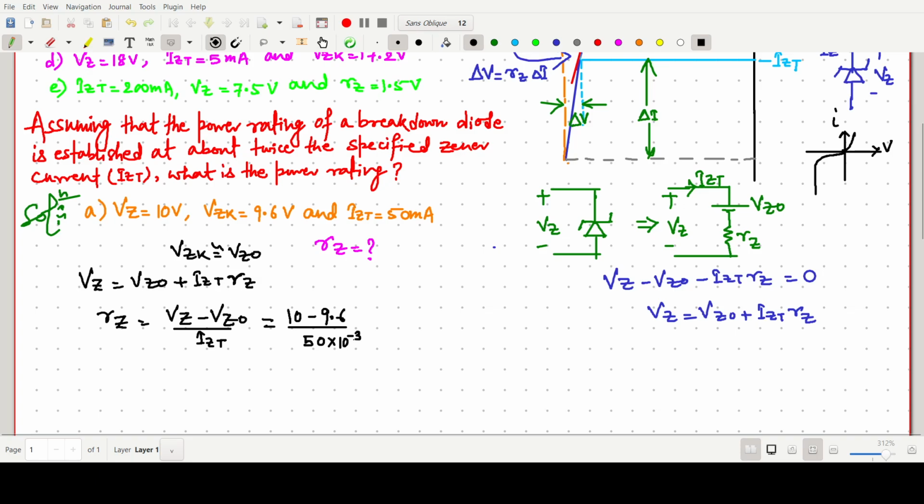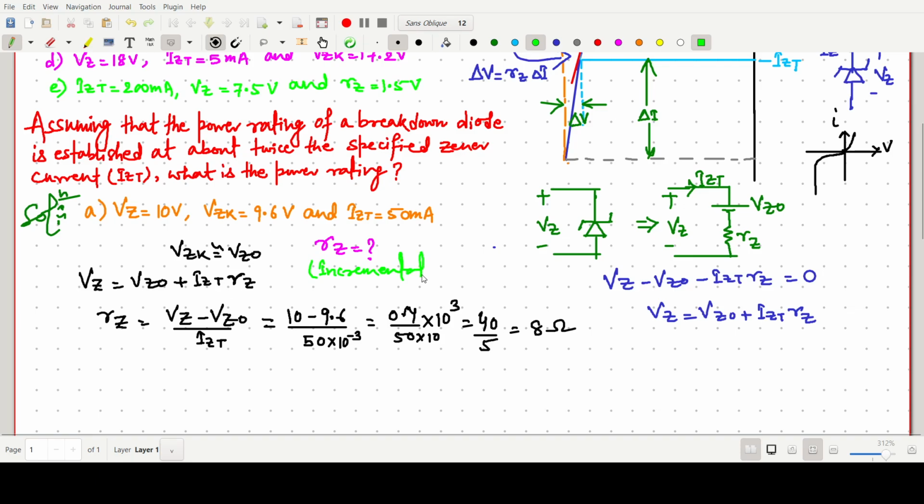So this will be 0.4 by 50 into 10 to the power minus 3, or if you remove this decimal, 40 by 5. If we solve this, it will come to nearly 8 ohm. So the RZ value will be 8 ohm. So the first part, the missing one, is the incremental resistance.